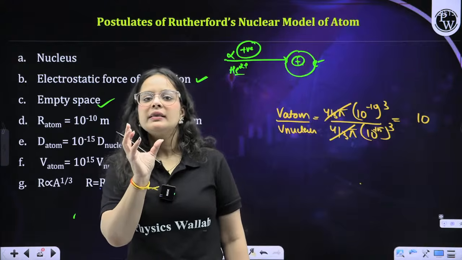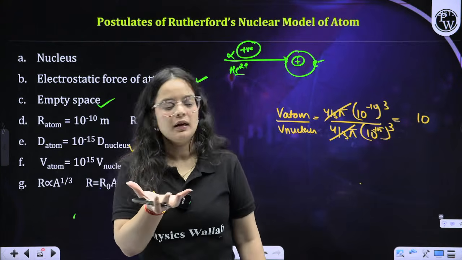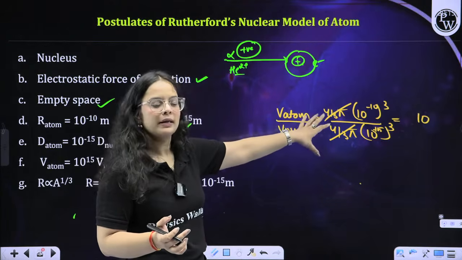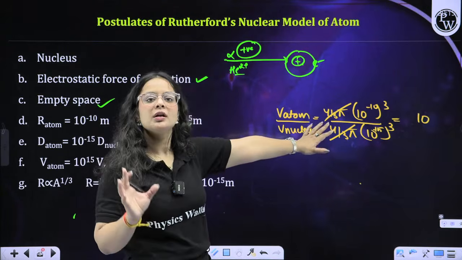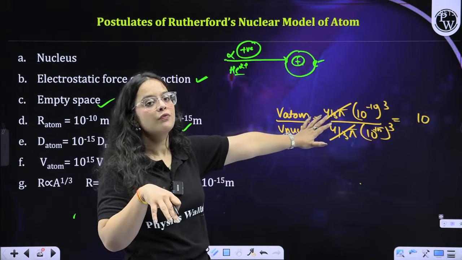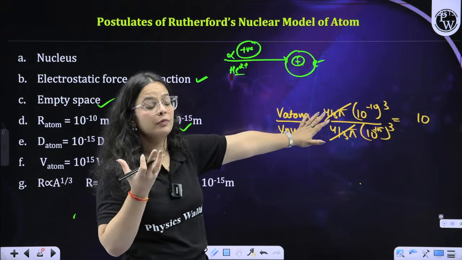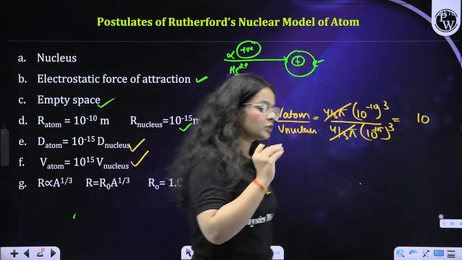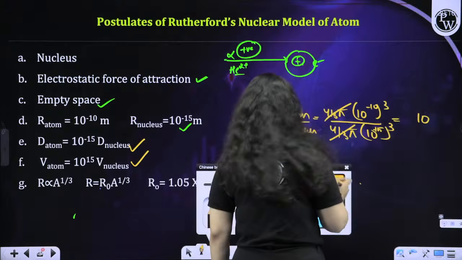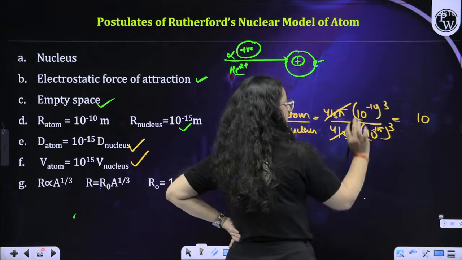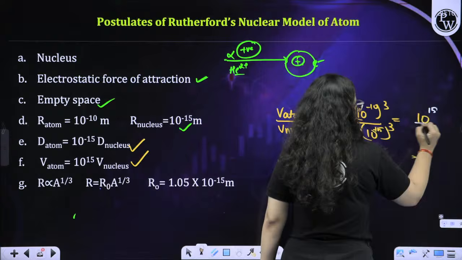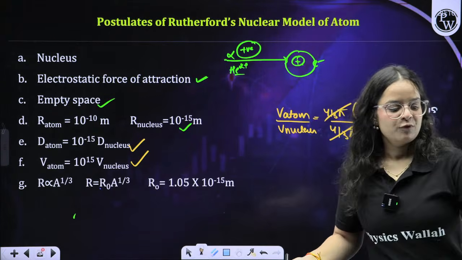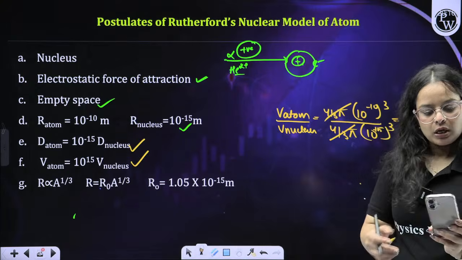We consider the atom and nucleus to be spherical, so to relate the volume terms I use 4 by 3 pi r cube. So this comes out to be 10 raised to the power 5, and taking the cube of it, 10 raised to the power 15. This is how we solve it.